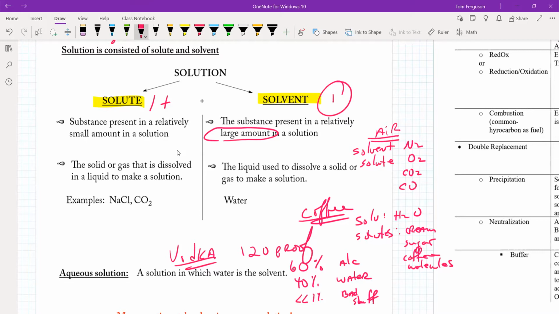But the bottom line is with vodka, the alcohol is going to be the solvent. The water is the solute. Whatever's in the most is the solvent. Boom. And if it's an aqueous solution, that means the solvent is automatically water.